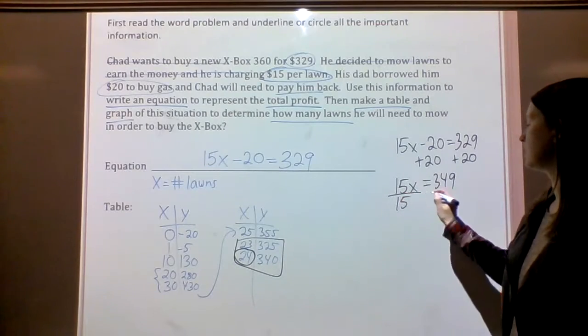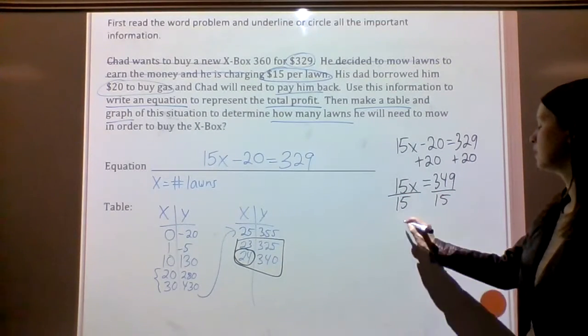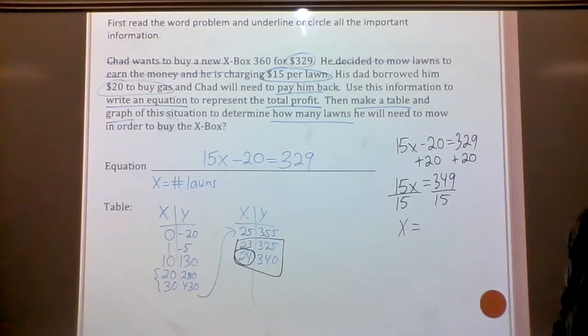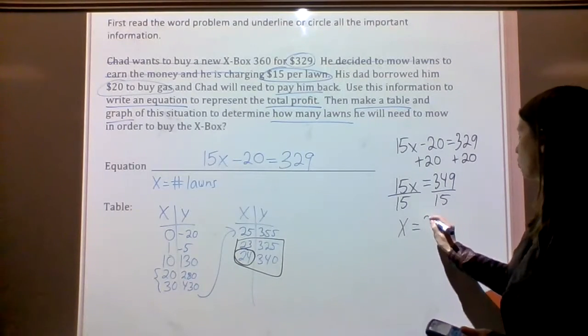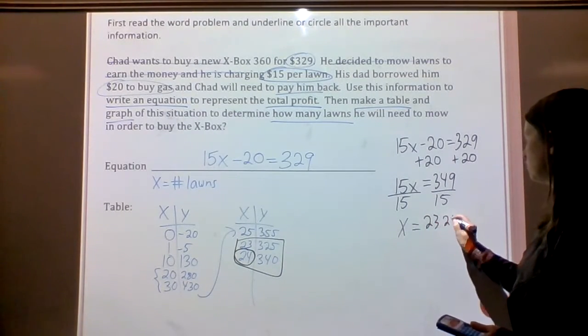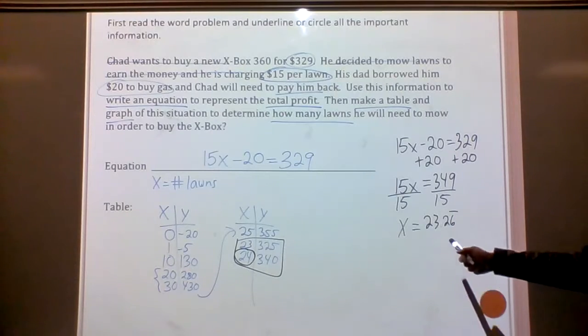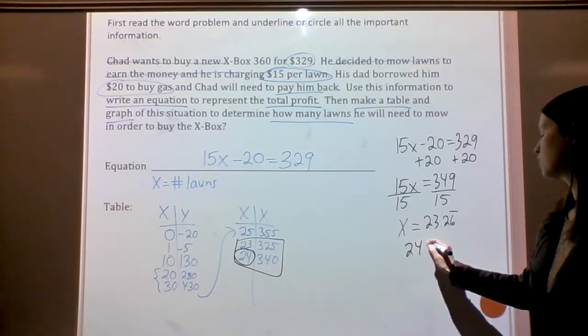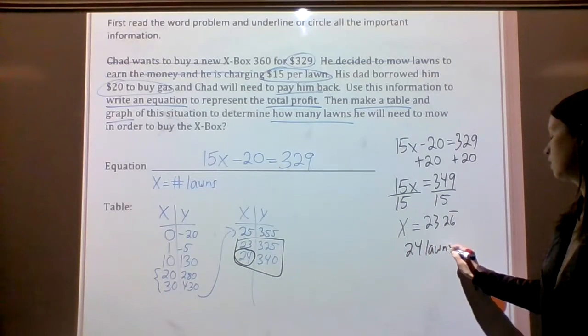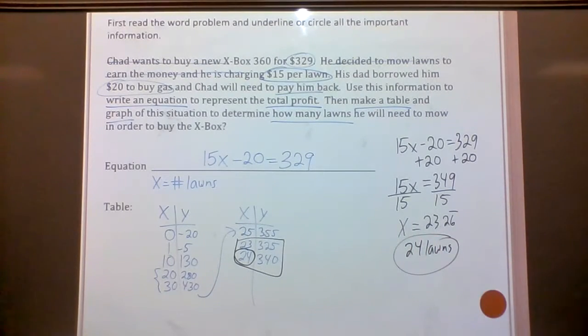Divide by 15, divide by 15. We take 349 divided by 15, and you get 23.26 repeating. So again, what we know is we have to round that number up to 24 lawns.